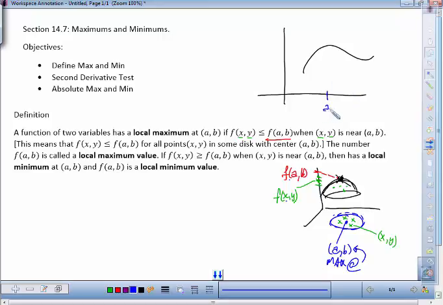And so if you had some a value over here, and then you found the maximum at a, and then you choose other points near a, put it into the function, f of x is going to be less than f of a. So that's the same scenario over here.